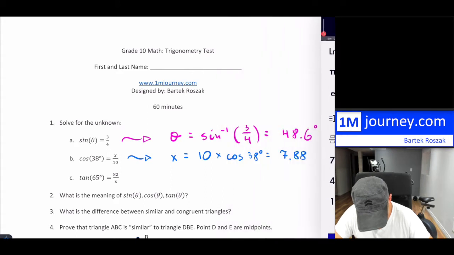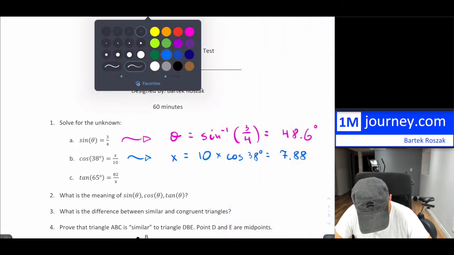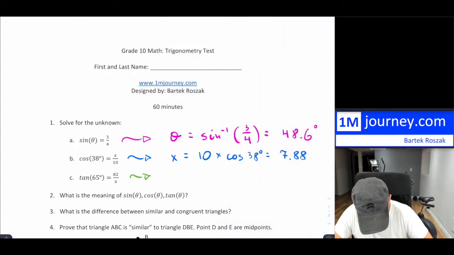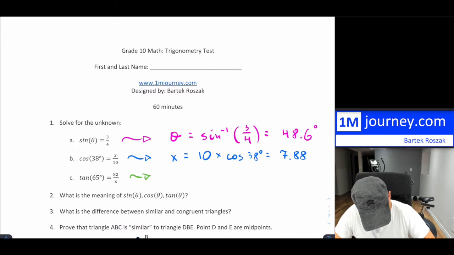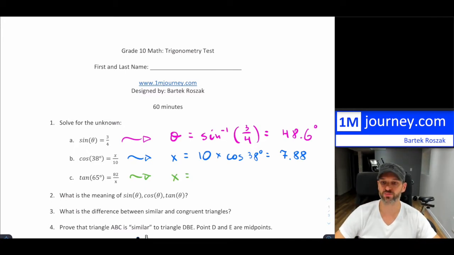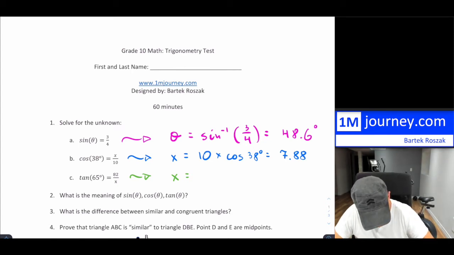And then the last one is using the tangent. Now our x, our unknown, is in the denominator for that one. So I'm going to take x to the numerator, cross multiplying. So x ends up in the numerator, and we're going to get 82 divided by tan of 65 degrees.